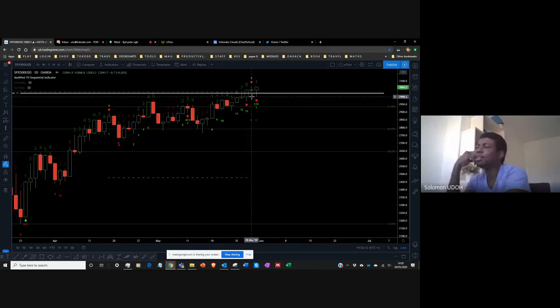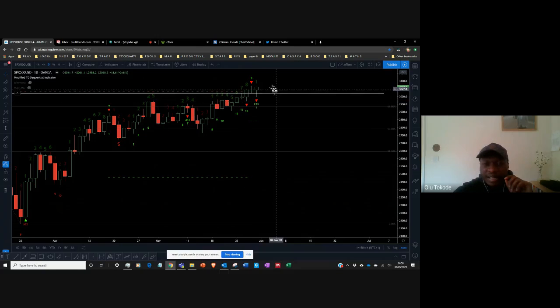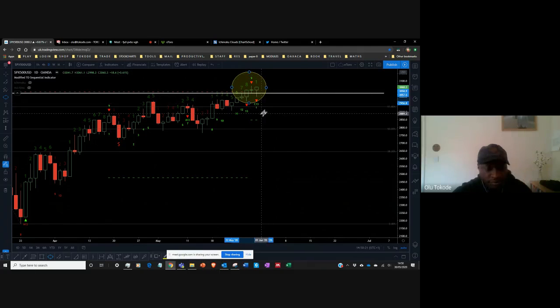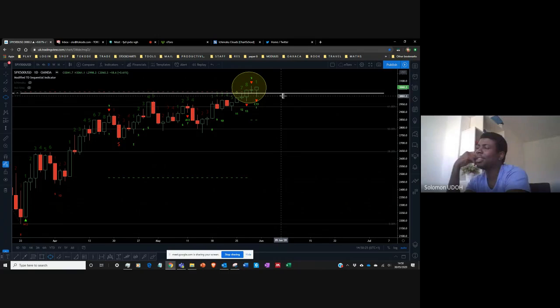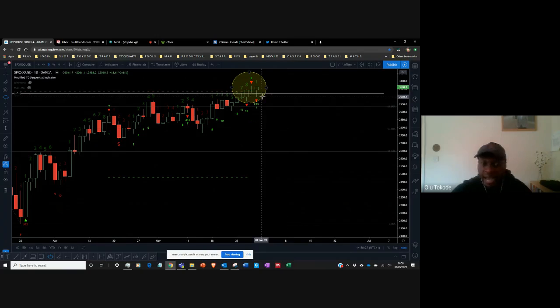And all 3 of them are appearing just at that point where I identified my resistance line, this white line. Remember, this white line is just arbitrary. It's just a line drawn by me.